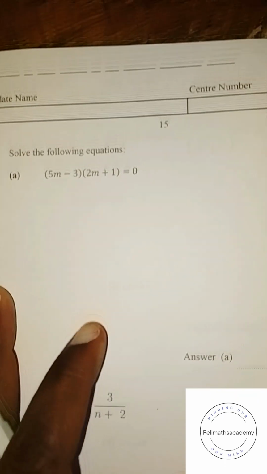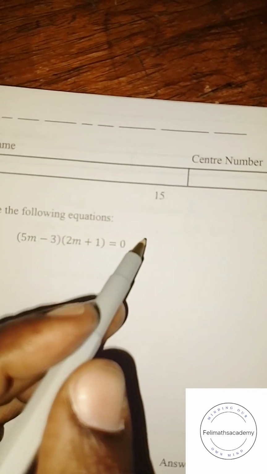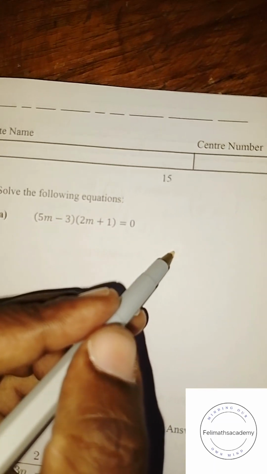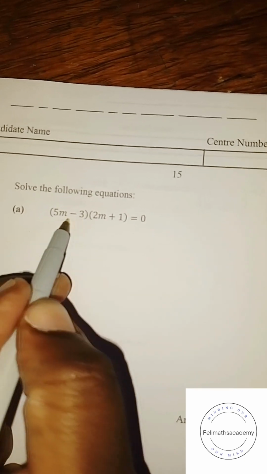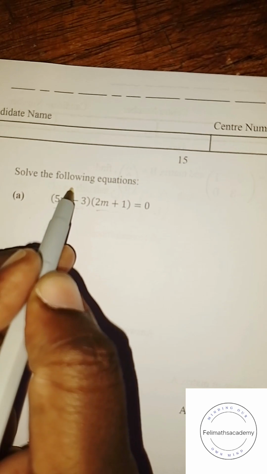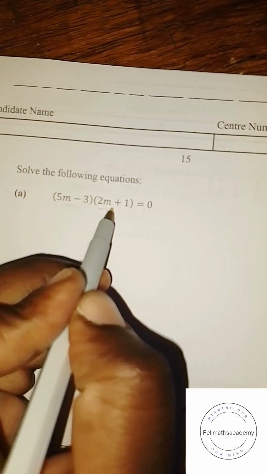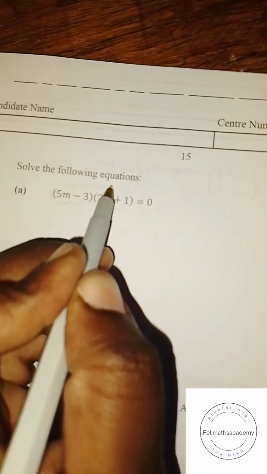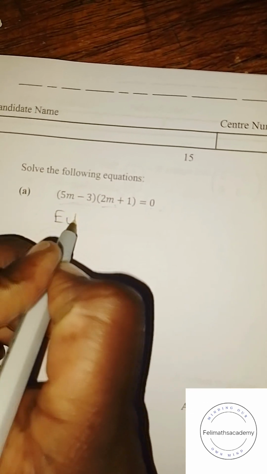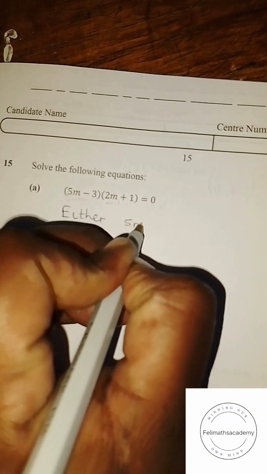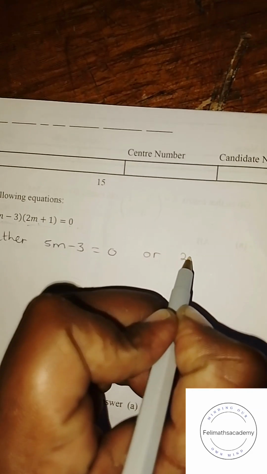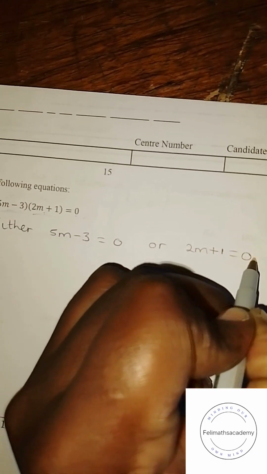Then we move on to number 15. Solve the following equations. (5m minus 3)(2m plus 1) is equal to 0. For this product to be equal to 0, either this bracket is 0 and we multiply this 0 by the other to get 0, or the other is 0 and we multiply it by this to get 0. So it's either 5m minus 3 is equal to 0 or 2m plus 1 is equal to 0.